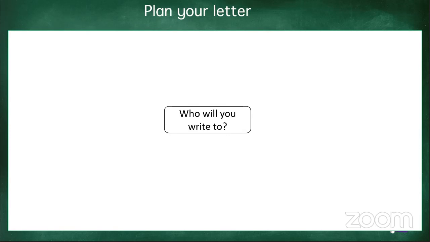Who are you going to write to? And yes, I'd love you to read it on Flipgrid. Okay. So you know who you're going to write to? You could write to your mom or your dad. Okay, good. Write to somebody.